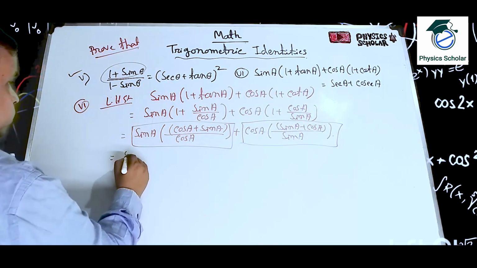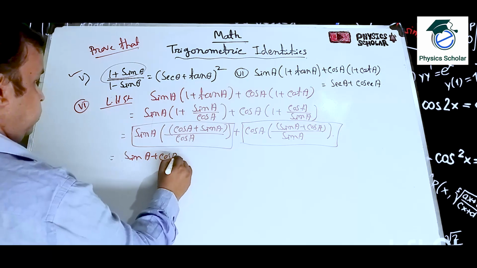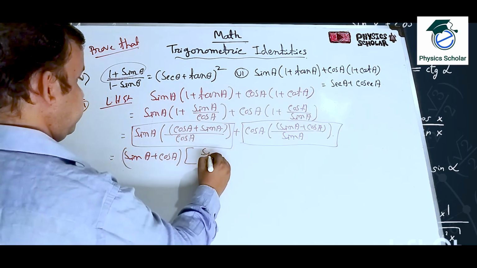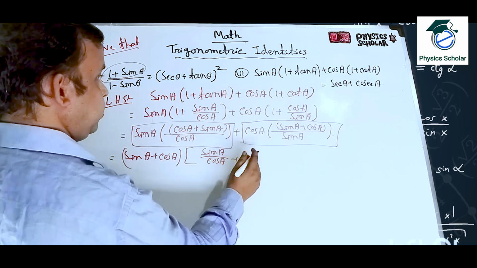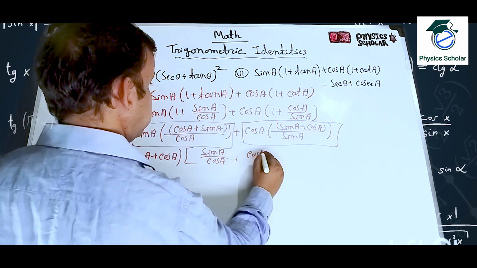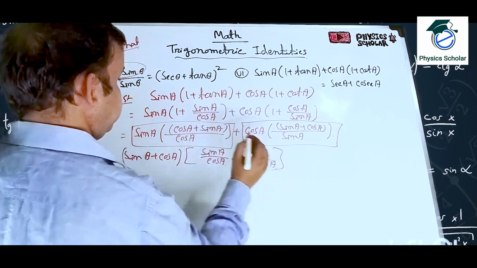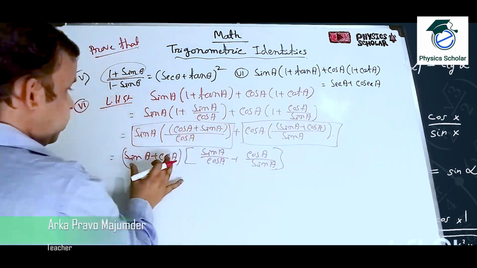So we will take sin A plus cos A common. So what is left? Sin A by cos A plus cos A by sin A. Clear? So here we are taking sin A plus cos A from both the terms as common.